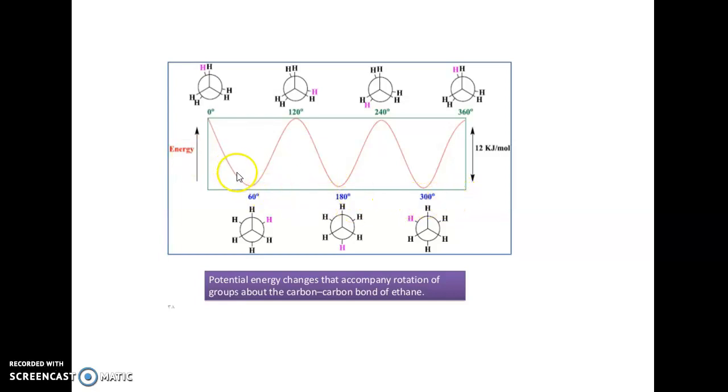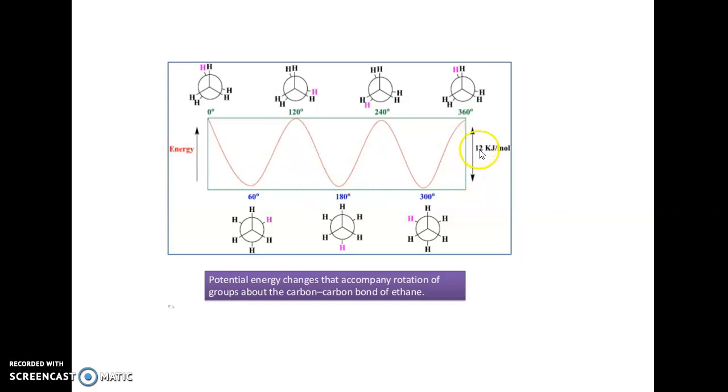This is the potential energy associated with the rotation. The energy change accompanying the rotation of the groups around the carbon-carbon bond is plotted against the angle of rotation. This is how we can give the curve of energy against the angle.